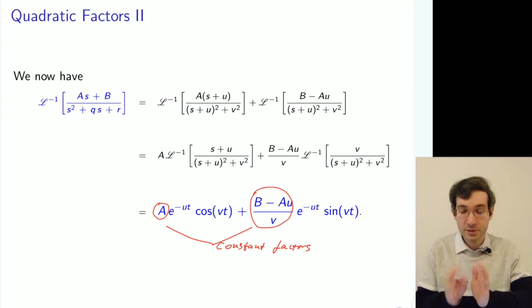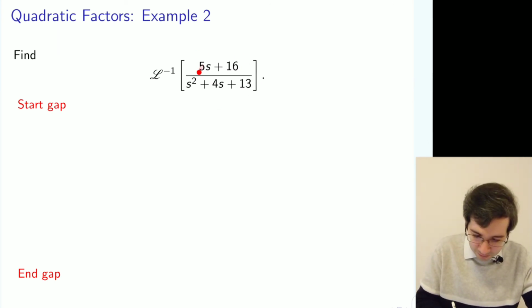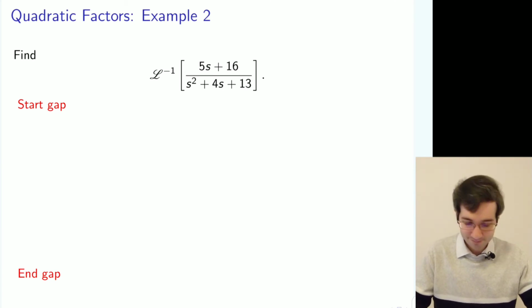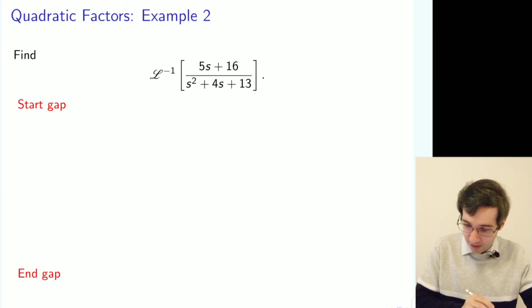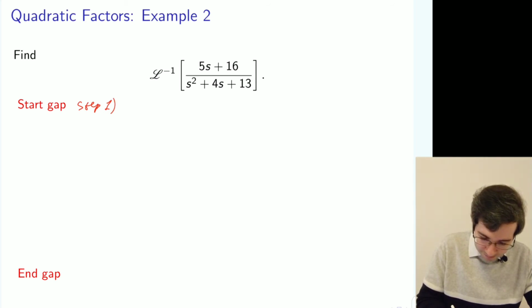That is a rather abstract and general example. Now let's look at a specific example. Let's look at the example where we want to find an inverse Laplace transform of that cumbersome fraction. Let's just use the recipe. Step 1: complete the square.